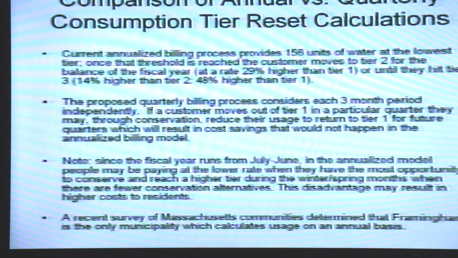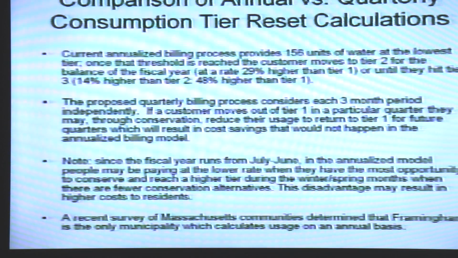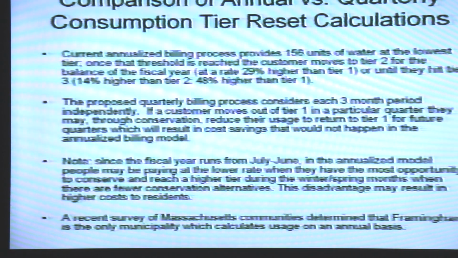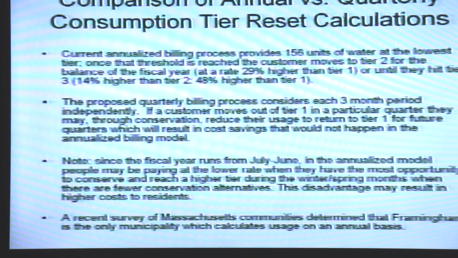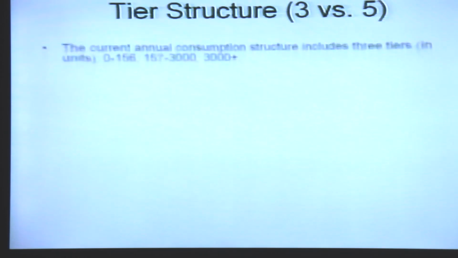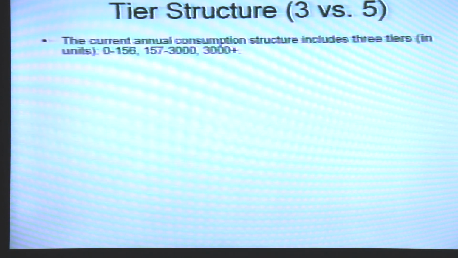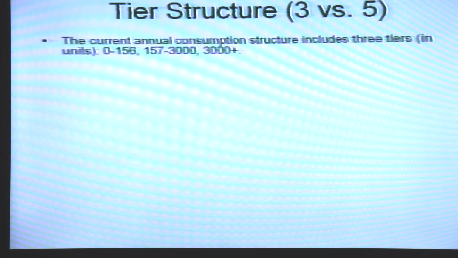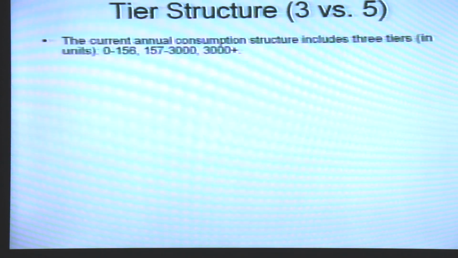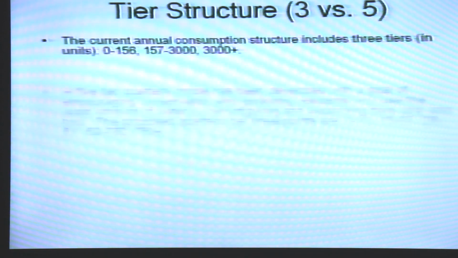A recent survey of Massachusetts communities determined that Framingham is the only municipality that calculates usage on an annual basis. The current annual consumption structure includes 3 tiers in units: 0 to 156, 157 to 3,000, and 3,000 plus.